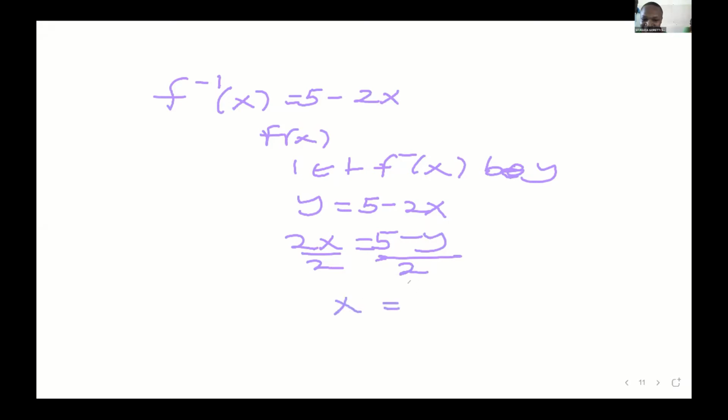Therefore, x is 5 minus y out of 2. Remember, you were not given the y.